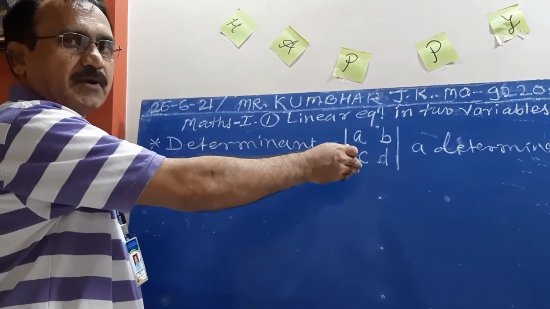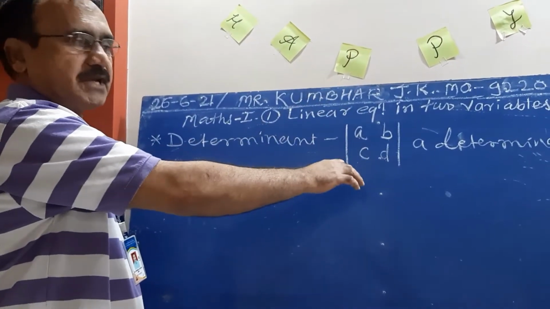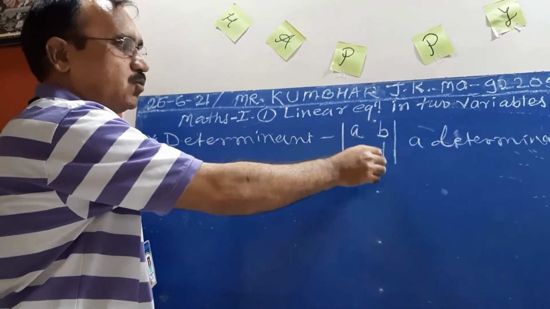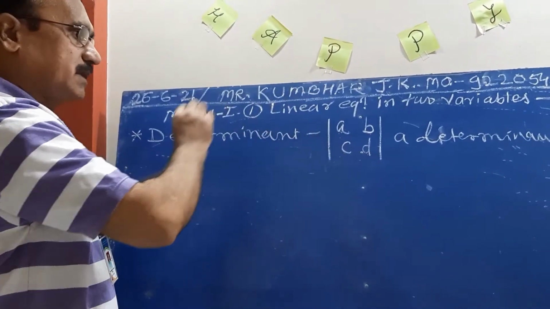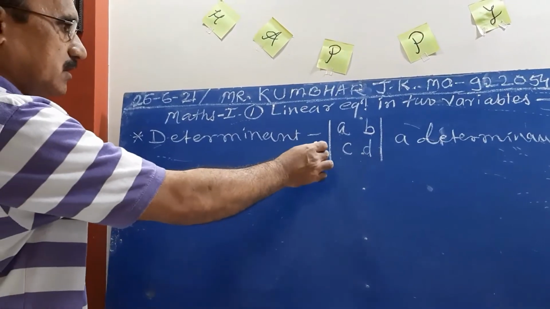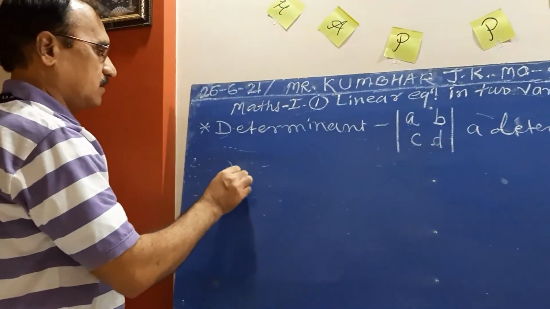If there are 3 elements, then the degree of that determinant will be 3. And here there are only 2 elements in each row and each column. Therefore, the degree of this determinant is 2. Now we have to find the value of this determinant.